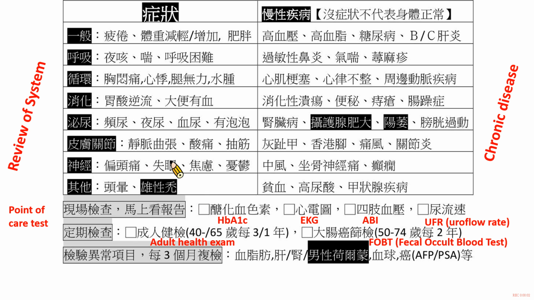The nurse will check the review of system. At the left side is symptom. If the patient has any symptom, they will circle around the symptom. At the right side is the chronic disease of each major organ system.